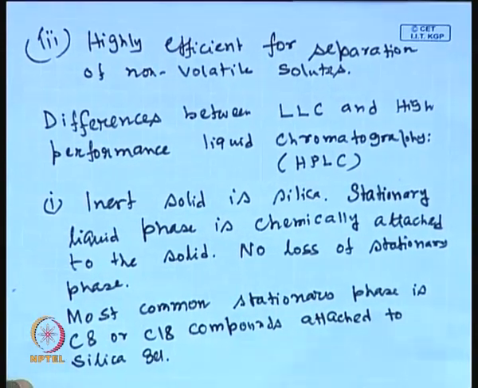That means we are having a carbon component of 8 carbon atoms or 18 carbon atoms attached to the silica gel, that is the inert porous solid. That is why these columns are often termed as C18 column or C8 column. Okay. So, you must be ordering a C8 column or a C18 column. That means the C18 compounds will be in the liquid phase, bonded chemically over the silica gel particle. Okay. And the typical solvent is water.